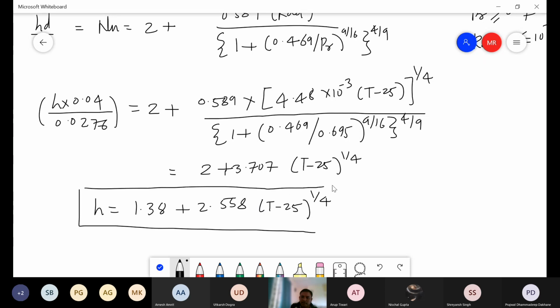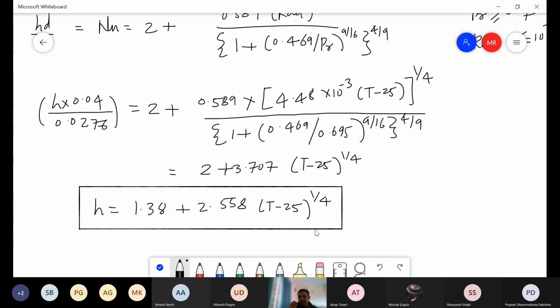Check whether this is correct. Is it clear what we are doing to everyone? Yes, sir. So are the values which I have projected correct? Check whether these values are correct.